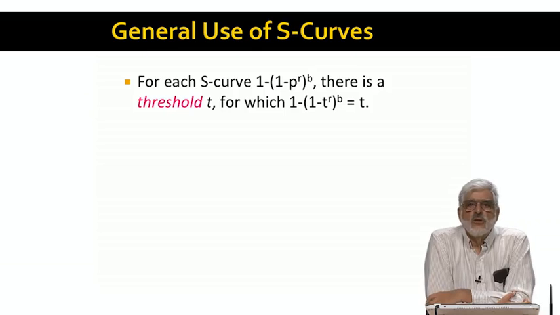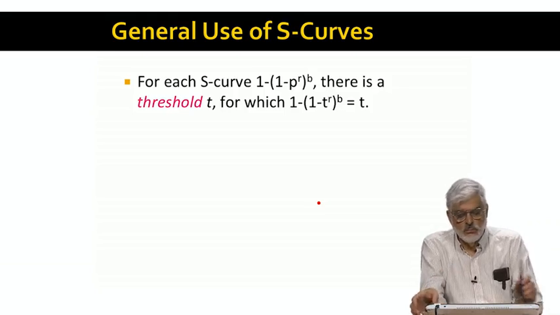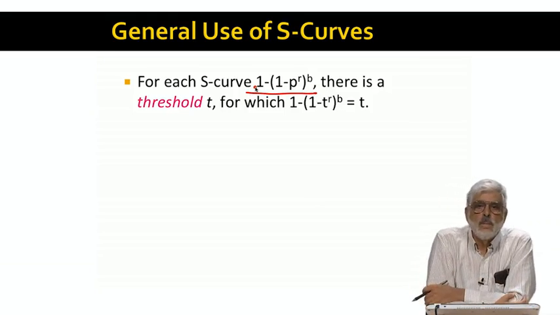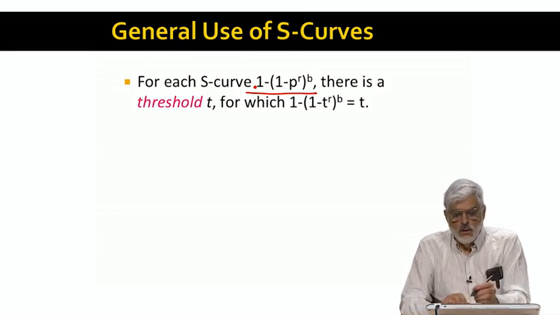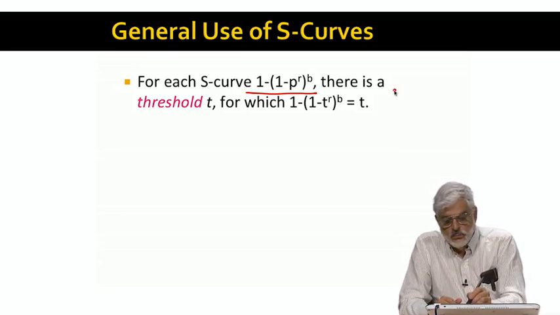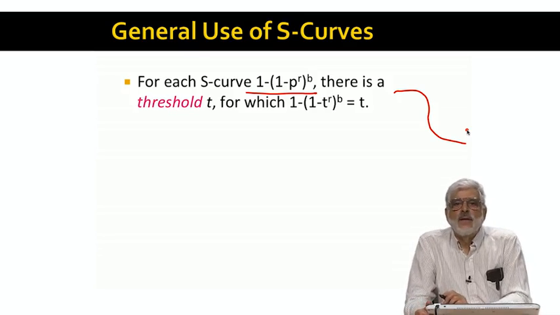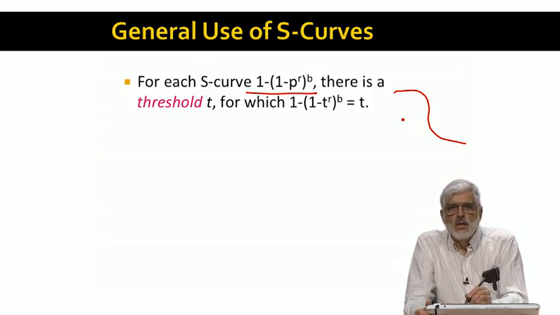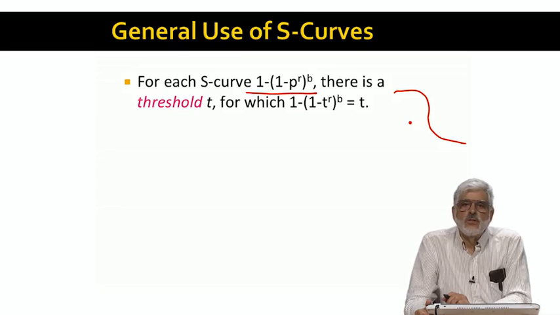Let's look at the function that we've called the S-curve. That's this. This is a function of the probability p, and it has 2 parameters R and B. An interesting observation is that this curve, let's draw something like that here, has a fixed point t, such that if p equals t, then the result of applying the function to t is t itself.